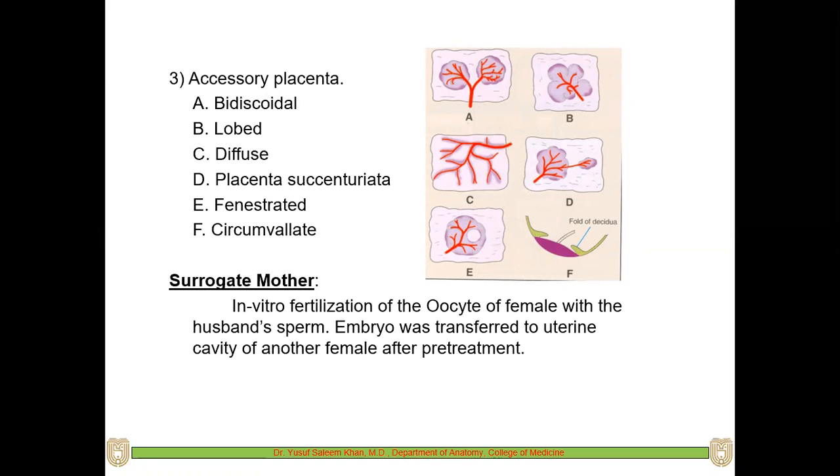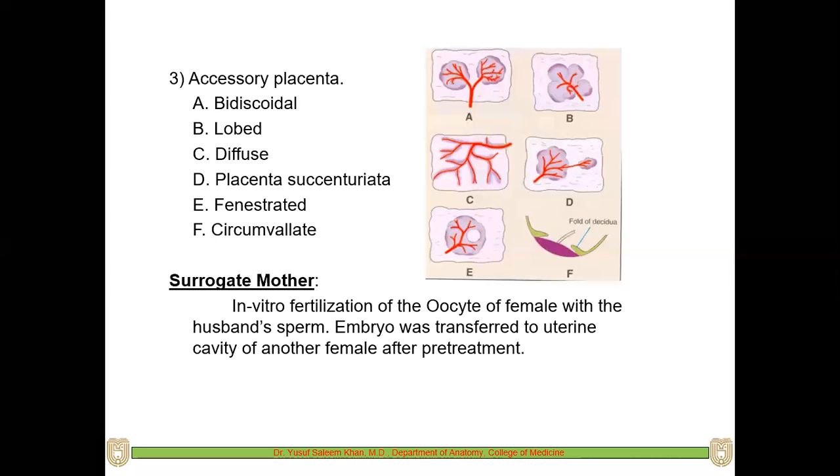But sometimes the mother is not capable of sustaining that pregnancy because there might be congenital anomalies within the uterus, which we have studied before. There can be a double uterus, or sometimes total atresia of the vagina or the cervix.